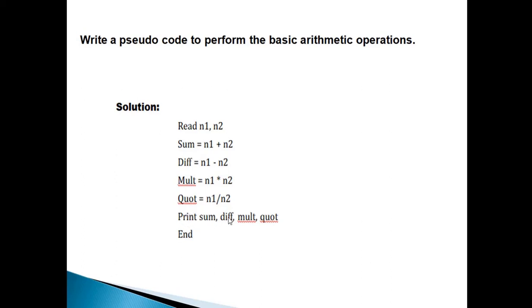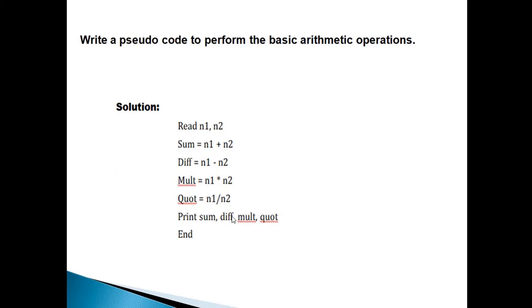And in this step, we are just printing the values. We read the values n1 and n2, and finally we print the sum, difference, multiplication, and quotient. Sum is one output value, difference is one output value, MULT is one output value, and QUOT is one output value.